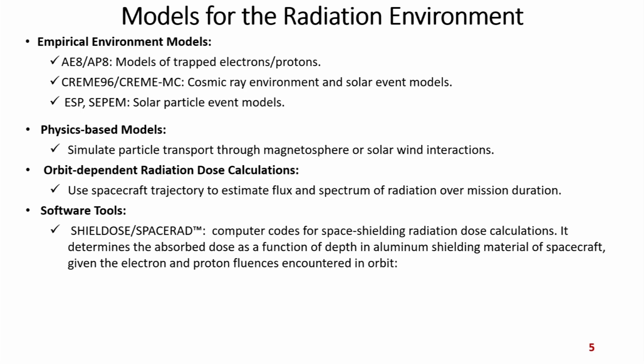And now, what are the software tools? We will discuss more later, but here there is SHIELDOSE, or SPACE RAD. This is a trademark. These are computer codes for space shielding radiation dose calculations, and it determines the absorbed dose as a function of depth in the aluminum shielding material of the spacecraft, given the electron and proton fluences encountered in the orbit.